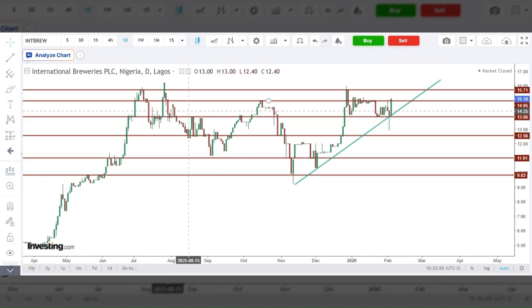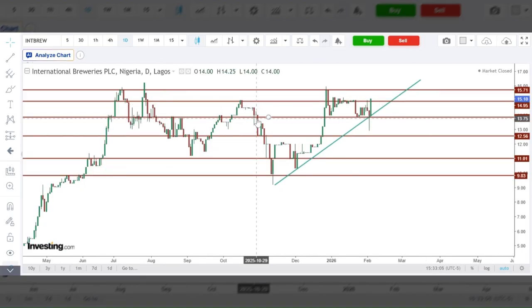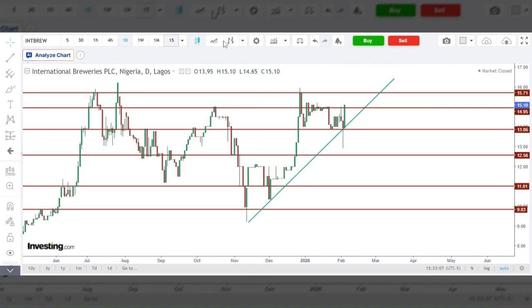So as usual, we don't use one analysis to decide whether we enter the stock. We check other indicators to confirm how strong this buy signal is. Okay, so let's put up other indicators.